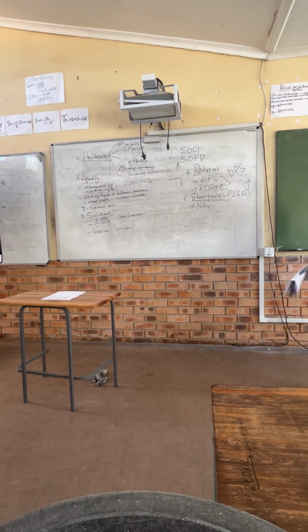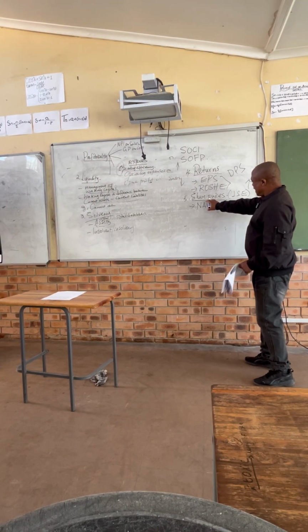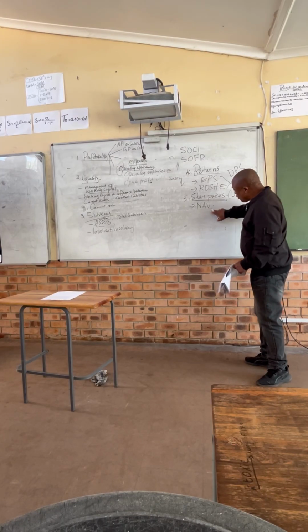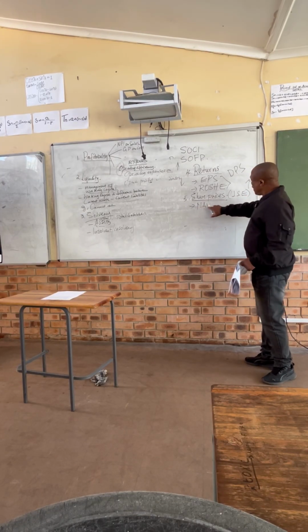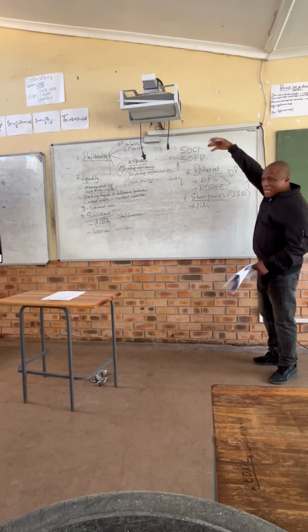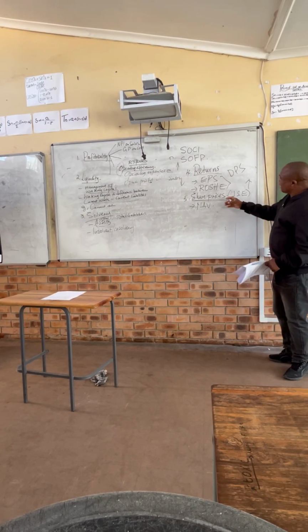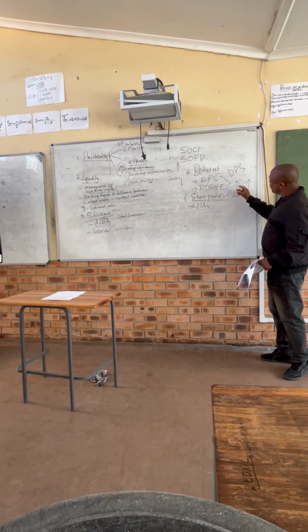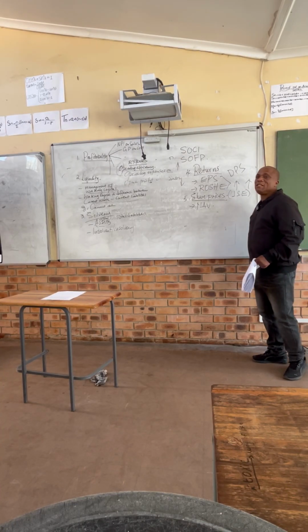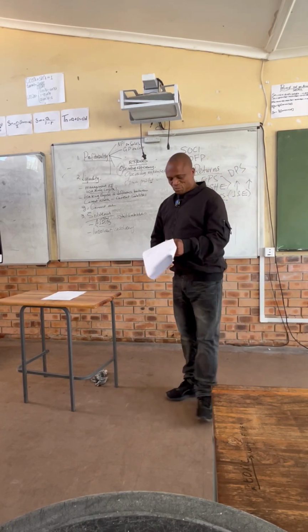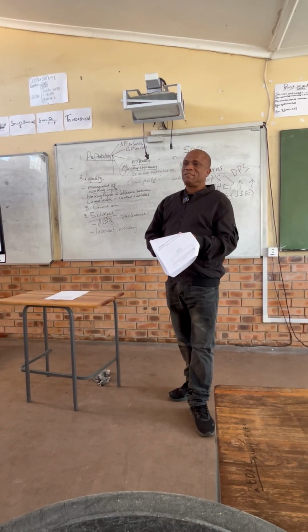Which one should be more here? This one is our own price, and this one is the price that outsiders are willing to pay for our shares. So if our shares here have a higher value than our own price, then it means that our shares are in demand.